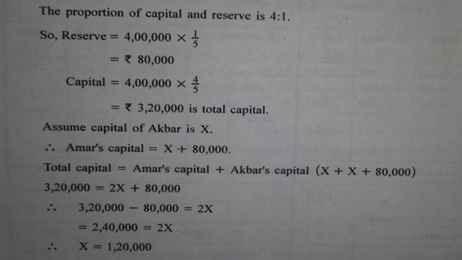How? We have split 4 lakh in 4:1, which is the given proportion of capital and reserve. So we have obtained the amount for reserve and we have also obtained the amount of capital.